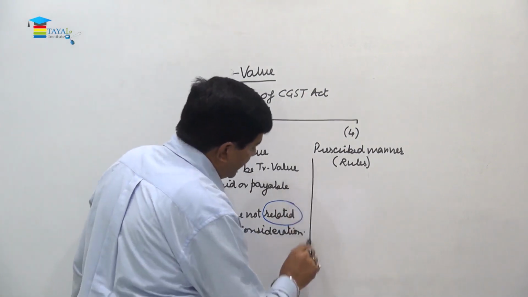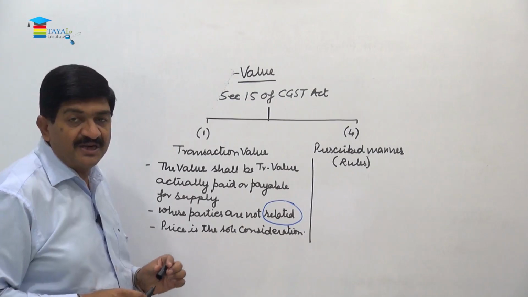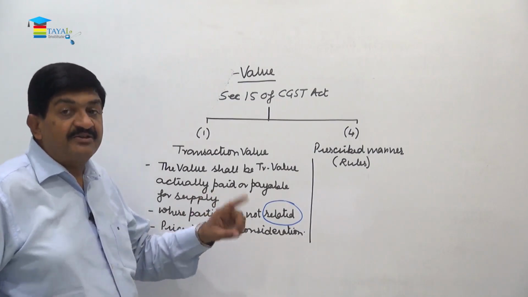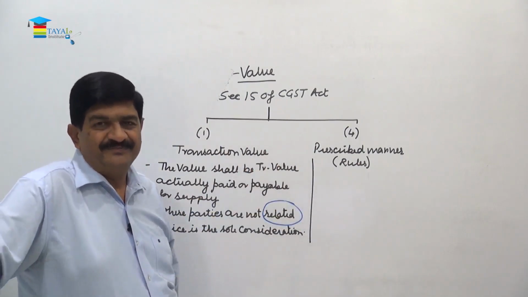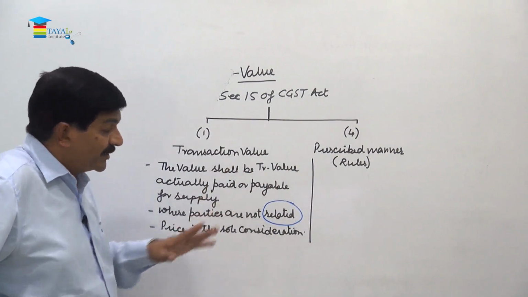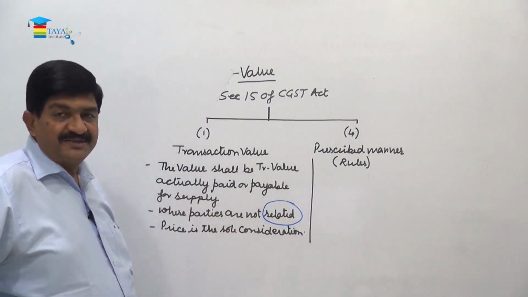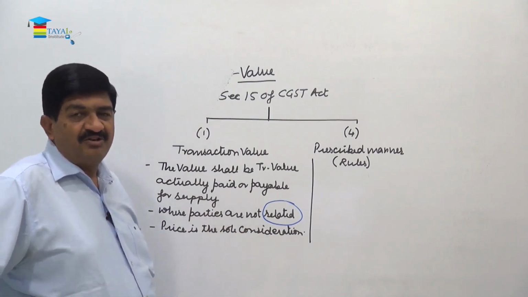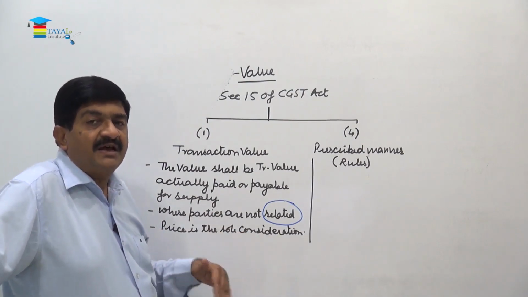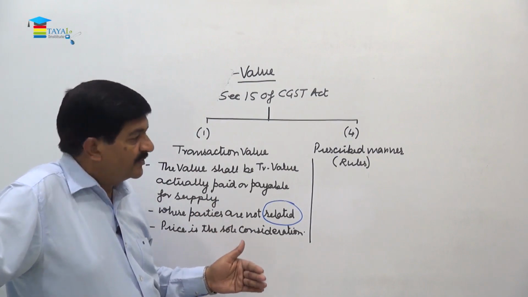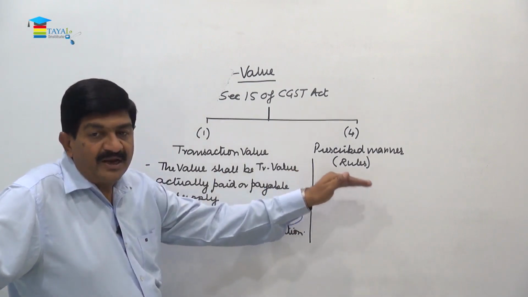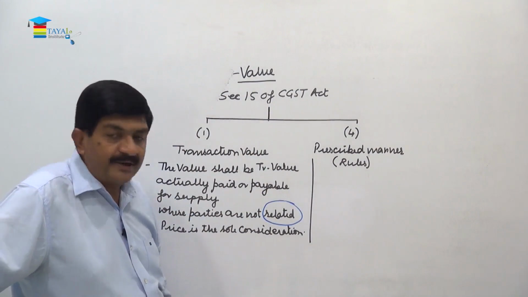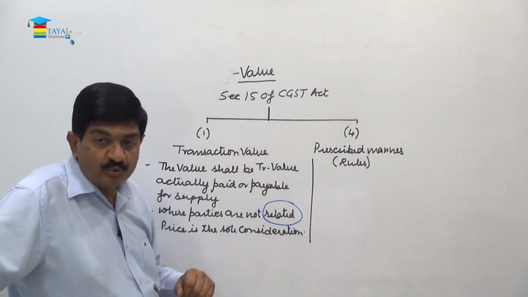Now prescribed manner, when this becomes relevant, either there is no transaction value or the parties happen to be related, or price is not the sole consideration, and certain other situations are there where the value shall be determined in the prescribed manner. For that we have rules.